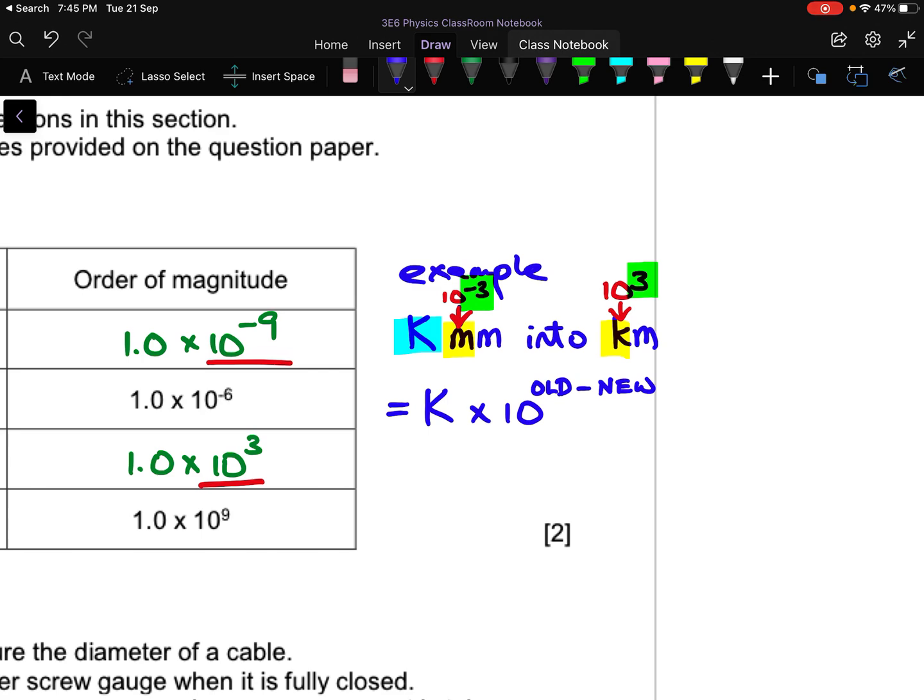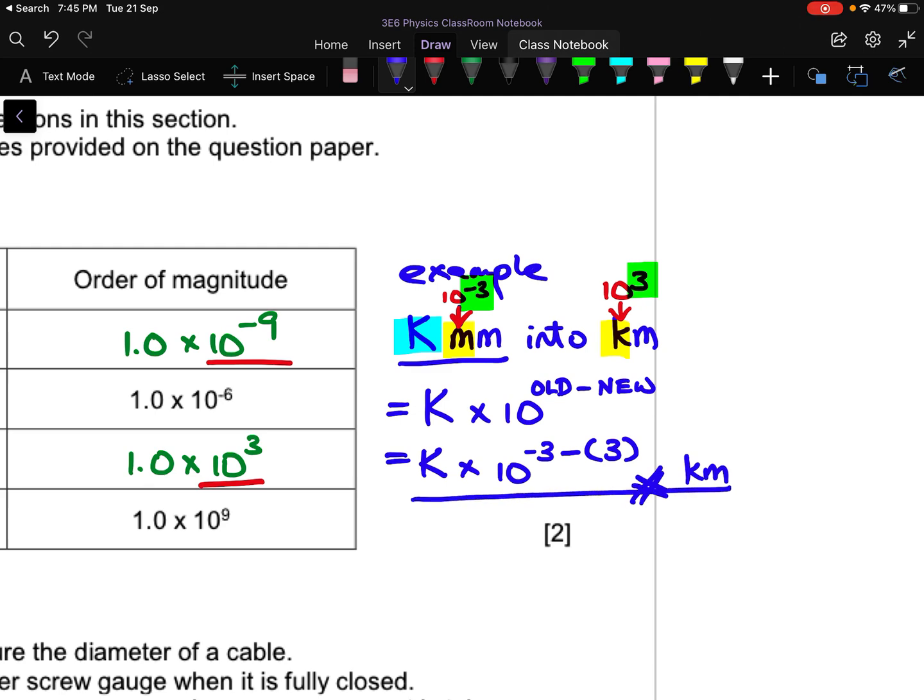Therefore this thing will become K times 10 to the power of minus 3 minus the new power 3. And you just need to press the calculator. Ta-da! You have converted K mm into K kilometer.